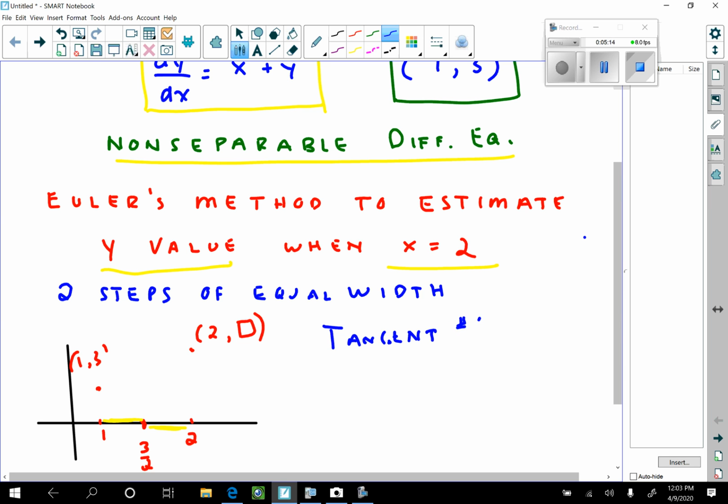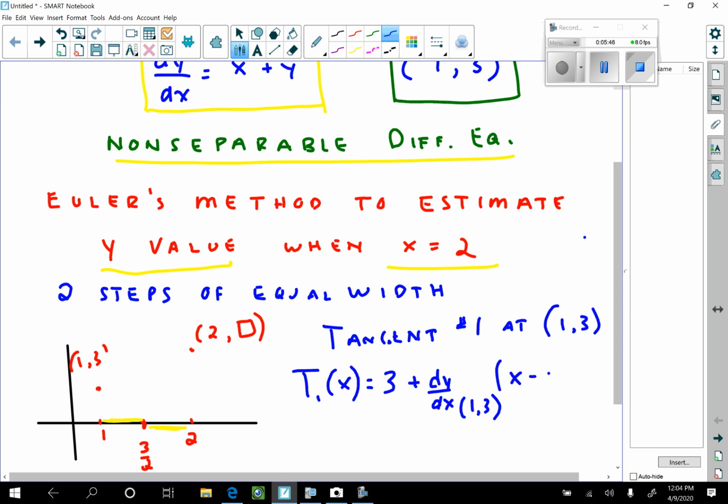Tangent number 1. I know that the equation of a tangent line is the output, and I'm going to do tangent line 1 at this point right here, (1, 3). A tangent line is going to be the output plus the derivative at this point (1, 3) times x minus 1.